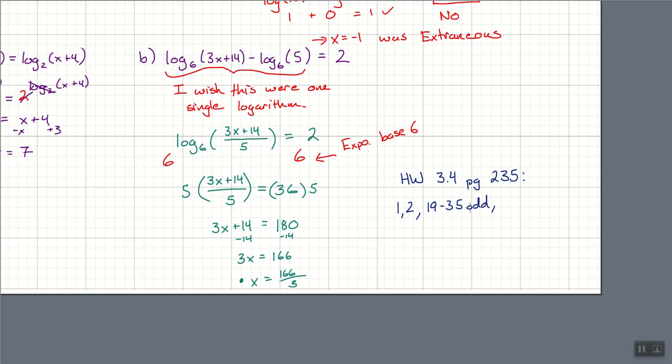And then I'm okay with exact solutions rather than approximations, but I also want you to check out 49 through 59 odd. Cool.